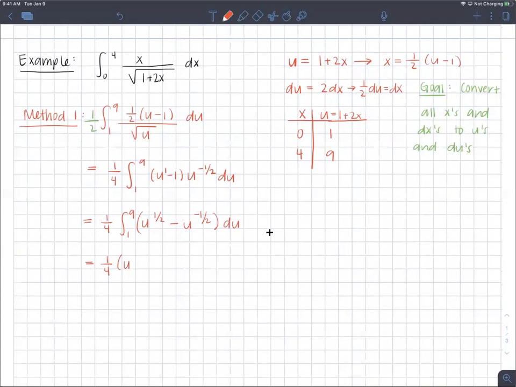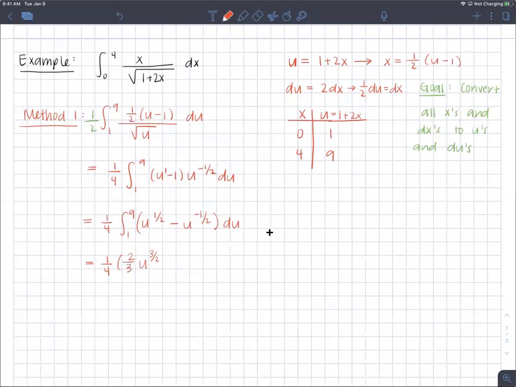u to the, okay, so what's the antiderivative of u to the 1/2? What am I going to have? I know I add 1 to the power, but then what else do I need out front to get rid of that power? Yeah, 2/3 u to the 3/2.